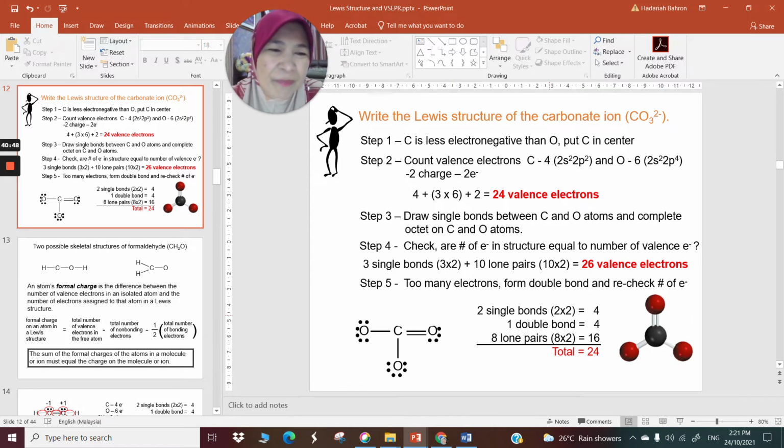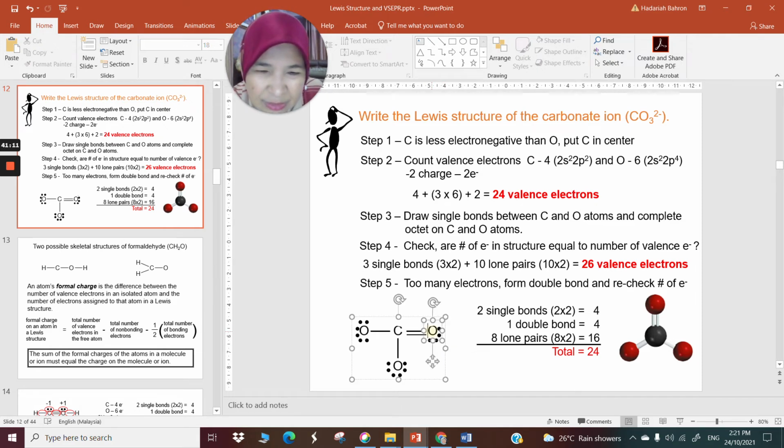So you have the correct drawing of the Lewis structure to be like this. Between the carbon and one of the oxygens, there is a double bond. Between the carbon and the two other oxygens, there is a single bond. And rechecking the octet, you still find everything is still octet compliant.